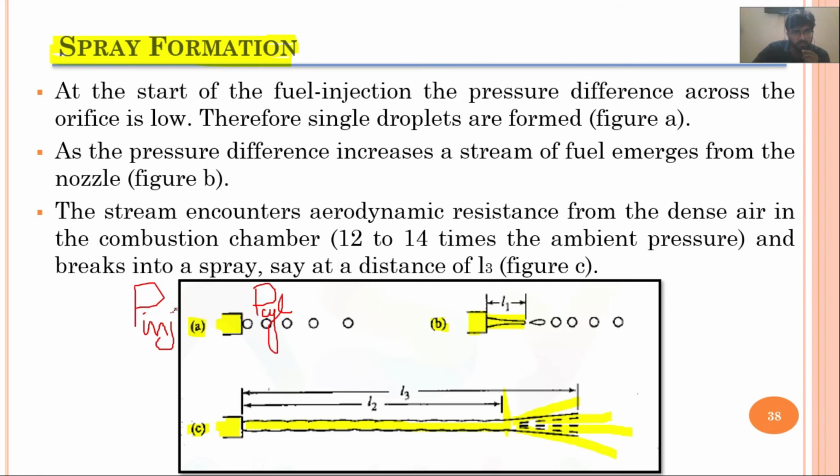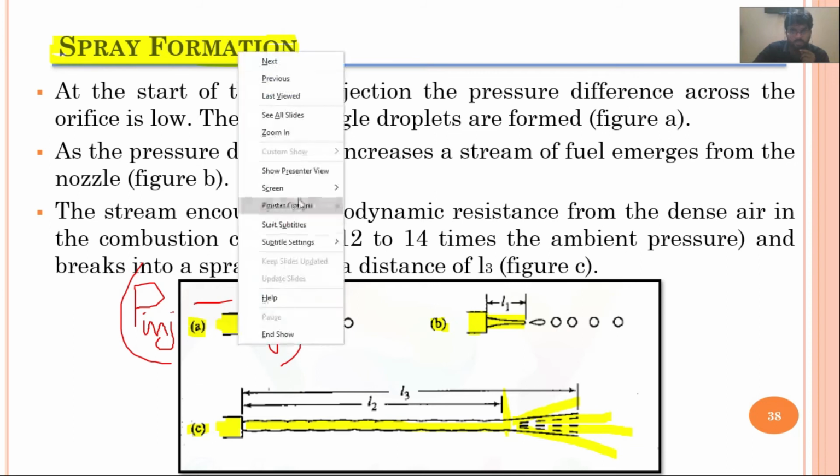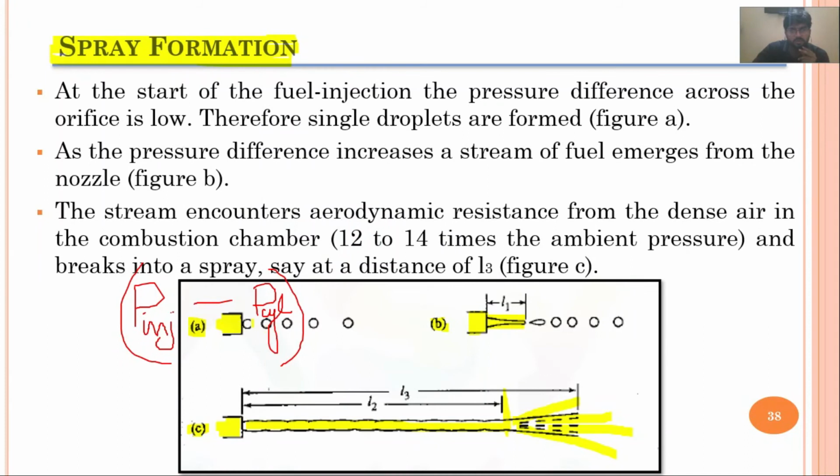When the difference between these two pressures, injection pressure and cylinder pressure, is low, the fuel will be injected in the form of drops, and when this difference in pressure increases, first it will convert into a stream, then at a further distance from the nozzle, it will start again forming drops.